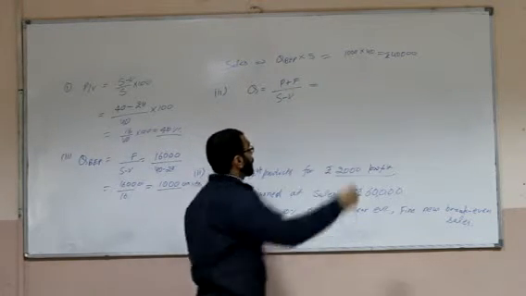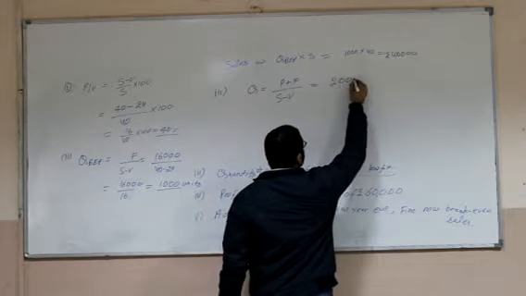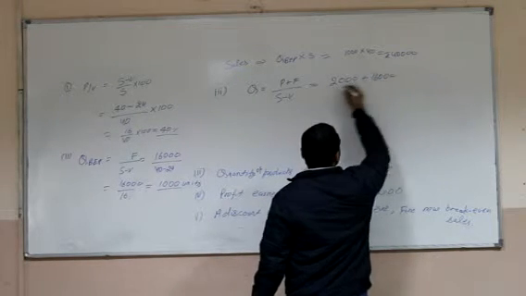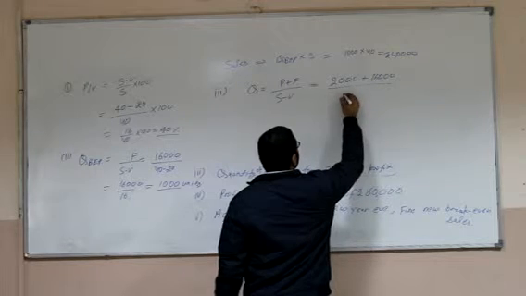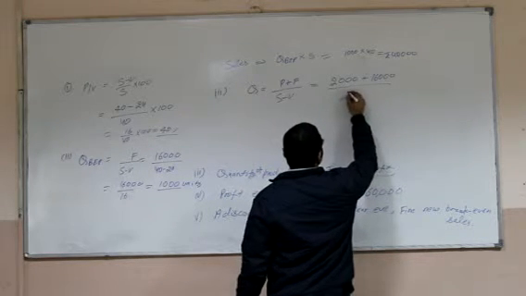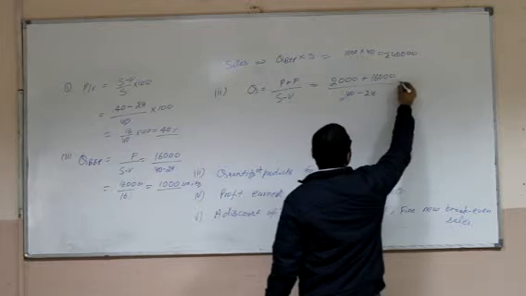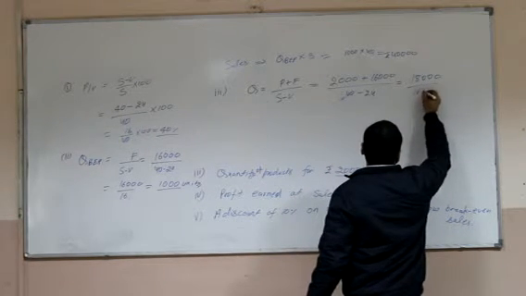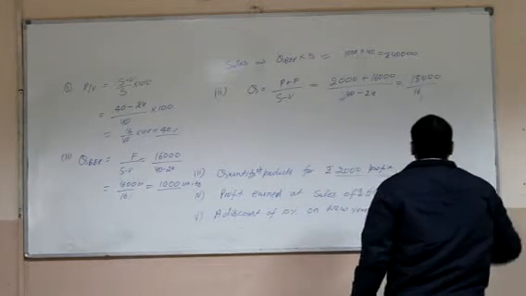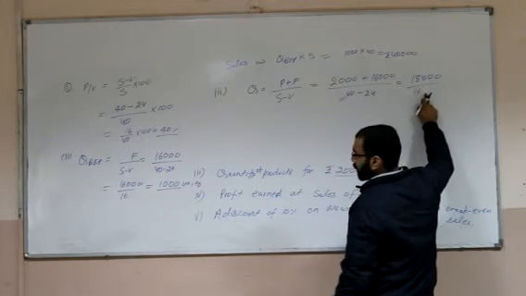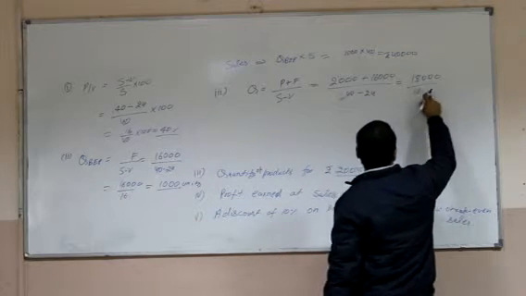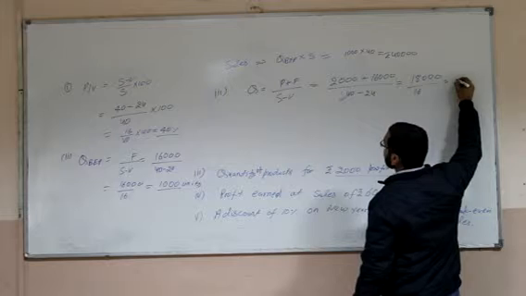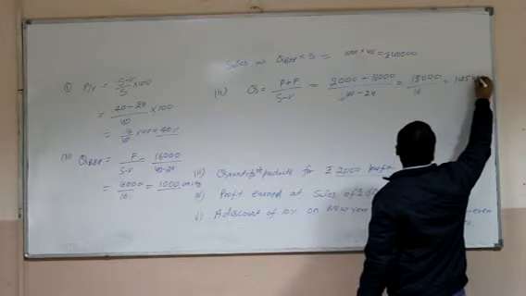The profit that I need is 2,000 plus F is 16,000, divided by 40 minus 24. It will be 18,000 divided by 16. So 16 goes into 18,000, and it turns out to be 1,125 units.